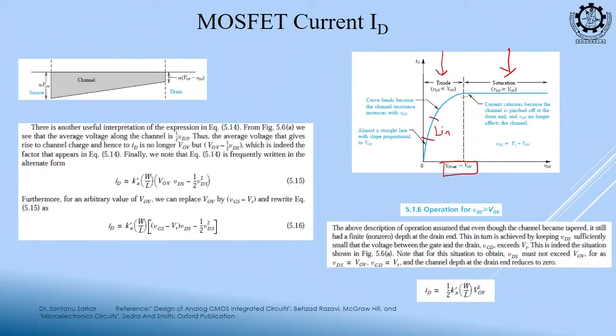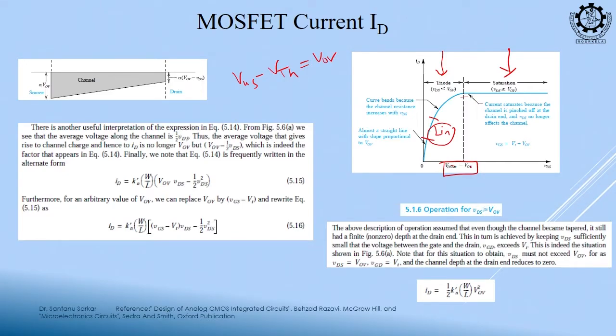Okay. So, in this region, what is happening? Current is almost linear to the voltage. So, it is the linear region, and beyond this VDS sat, VDS saturation is VOV. What is VOV? Overdrive voltage, VGS minus threshold voltage.